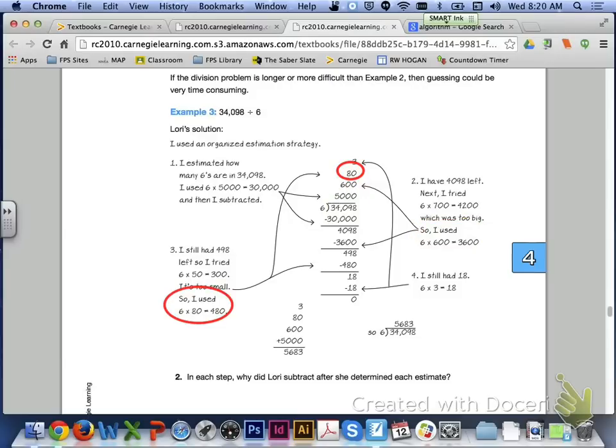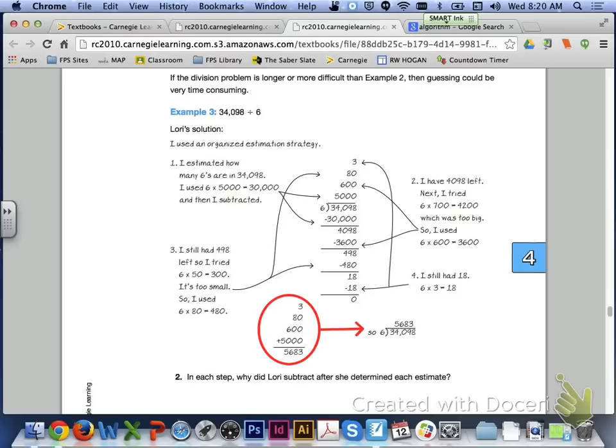The third step that she had to take was to figure out how many times 6 was going to go into 498. That was going to be 80 times. Again, she would get 480 and subtract the difference. And finally, for the last step, she saw that 6 was able to go into that difference of 18 3 times, and that ended up giving her no remainder.